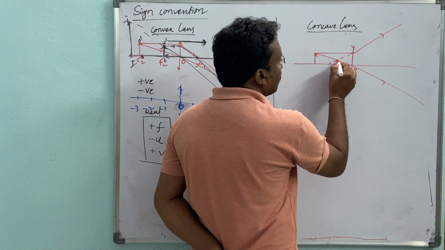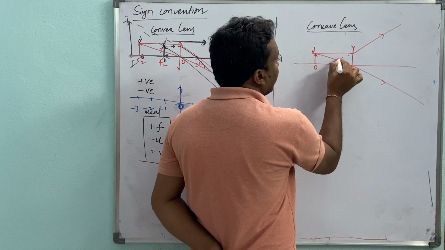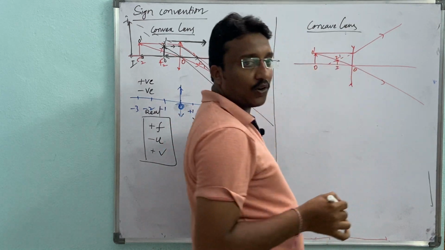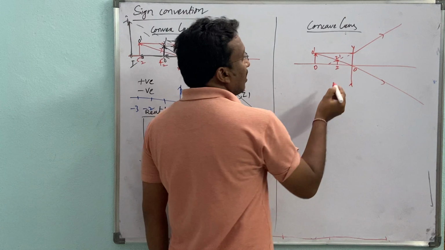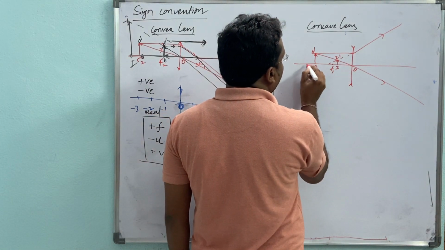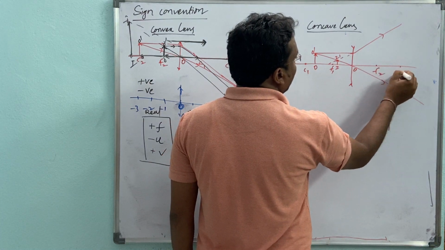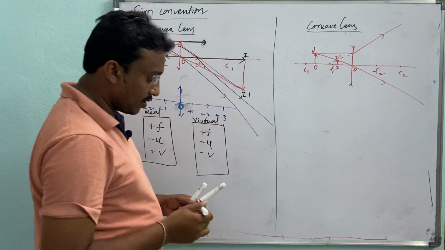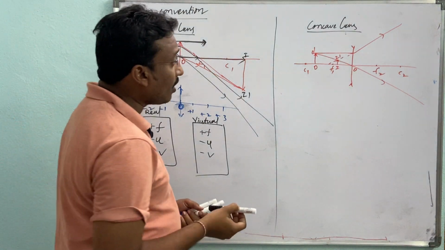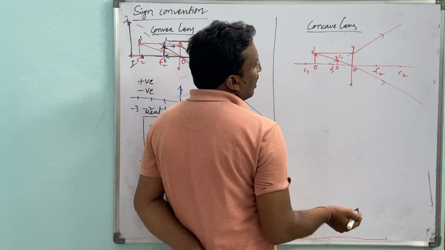Here the image is formed; this is the object, this is the image. Got it? Right. Then here F1 and C1 and F2, C2. Got it?